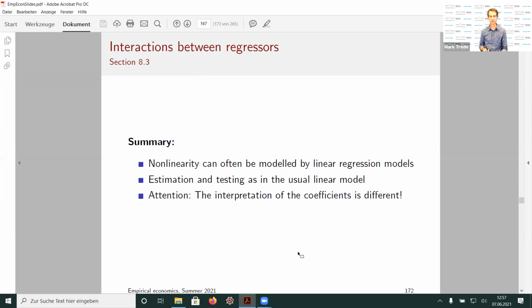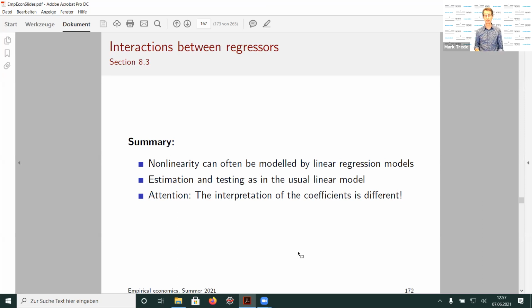All right, so let's summarize that. We have seen last week and today that nonlinearities can be modeled by linear regression models. We could use polynomials, we could use logarithms, but we can also find out how to get non-constant marginal effects if we use interaction terms.